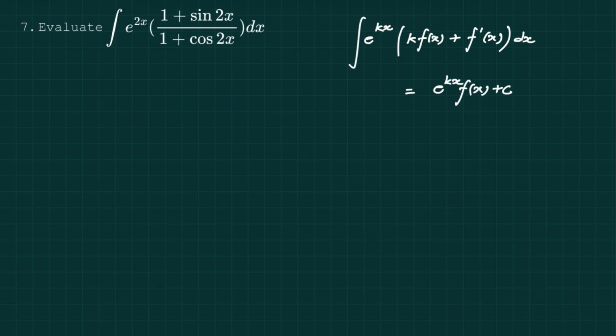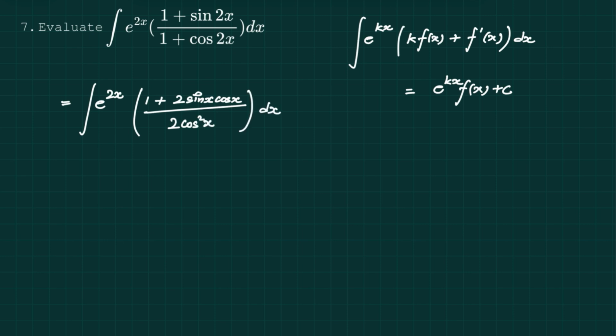So here we will be using this particular formula. Before that, let us modify the given function. Then we will have e to the power 2x, and in the numerator you can see 1 plus sine 2x can be written as 1 plus 2 sine x cos x, divided by 1 plus cos 2x, which can be written as 2 cos square of x, dx. Let us take out this 1 by 2 as a constant. So 1 by 2 is outside. Integration of e to the power 2x, and let us separate the denominator.